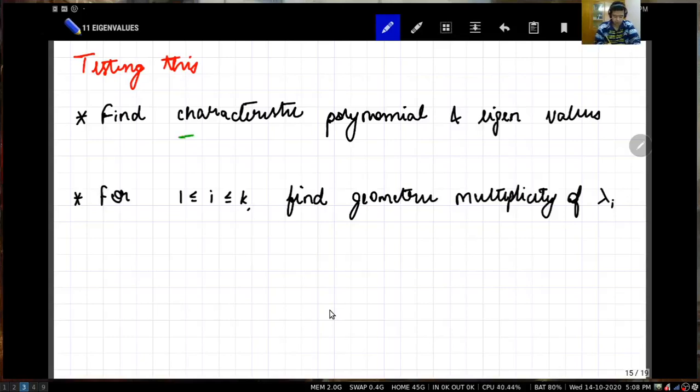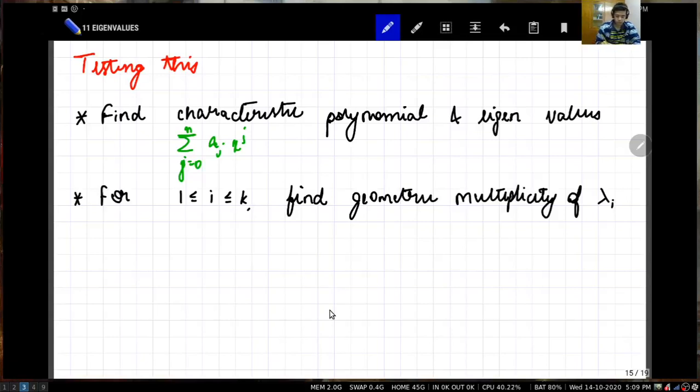So in general it's going to be the sum over j going from 0 to n of a_j x to the j. So the characteristic polynomial is going to be something of this form.